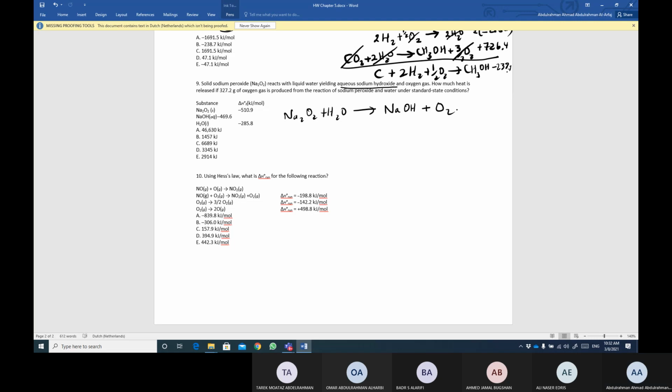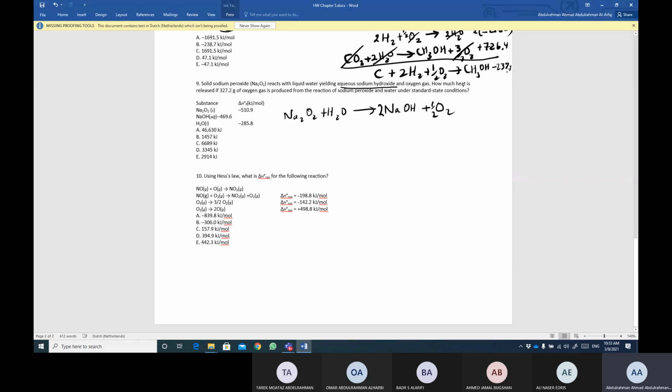Balance the equation. How are you going to balance it? 2, 1, 3, 2, and 1. Yeah, very good. Done.